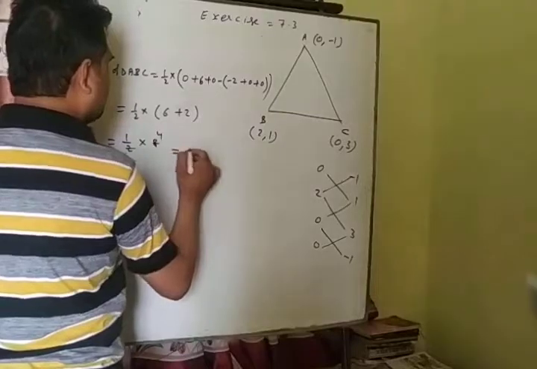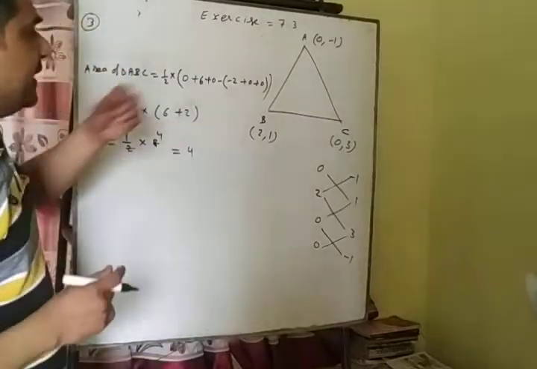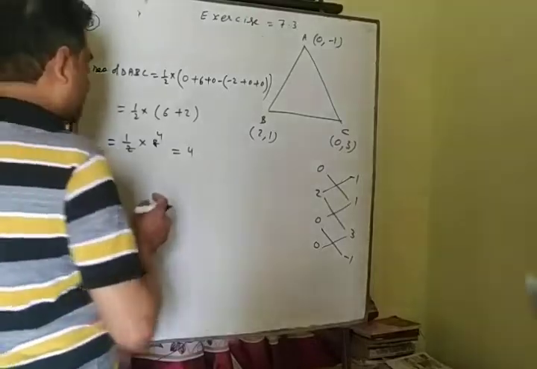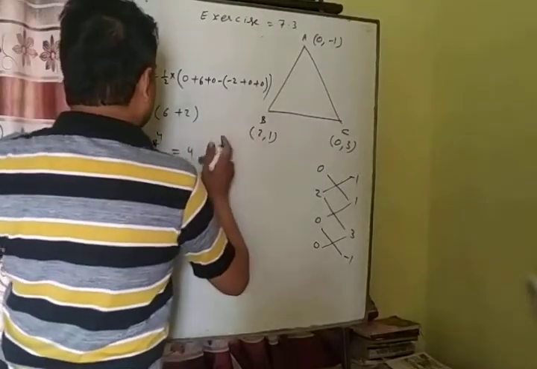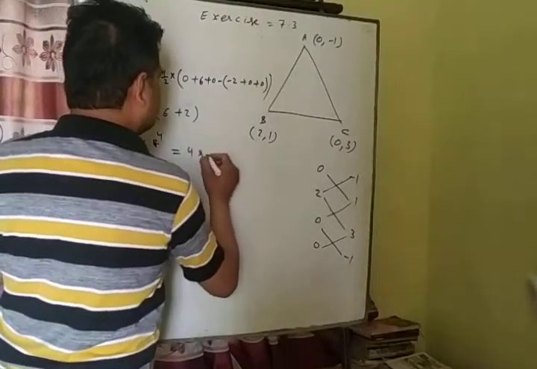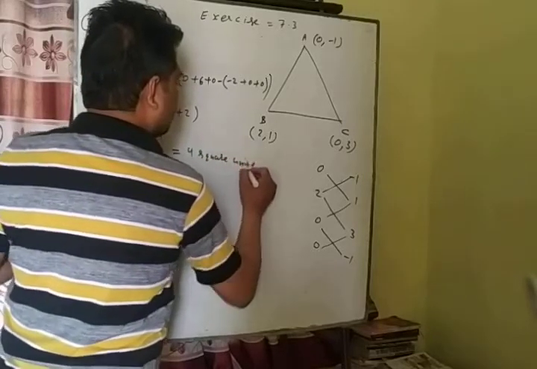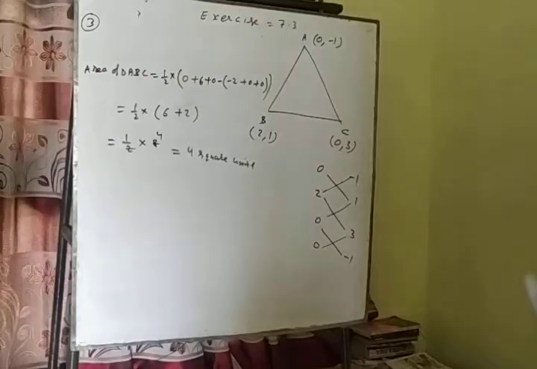Move this side, cross, 4. Area of ABC is 4 square unit.